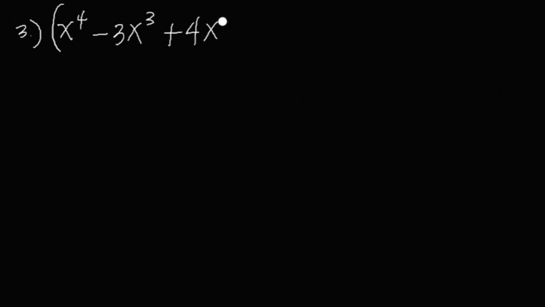If we have example number 3, a polynomial x raised to 4 minus 3x cubed plus 4x squared minus 6x plus 4. And then the divisor is x minus 2.